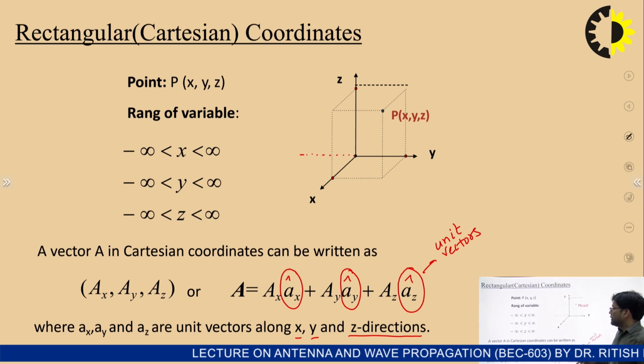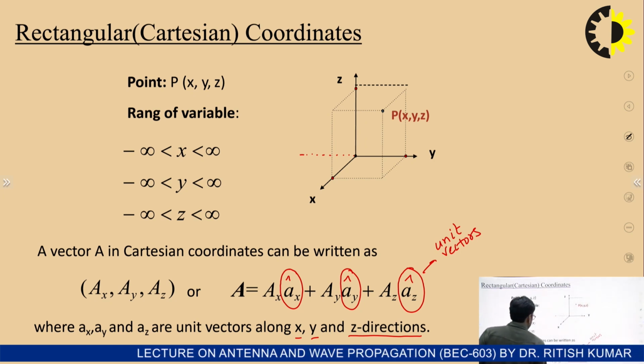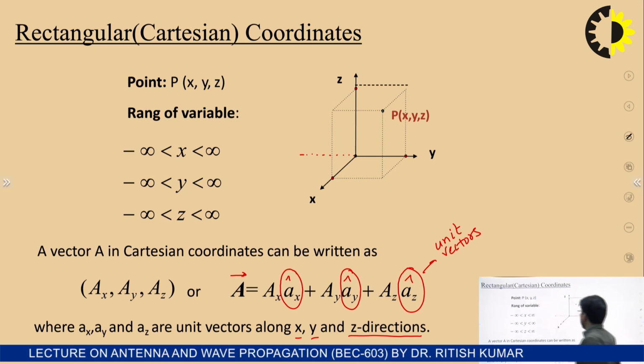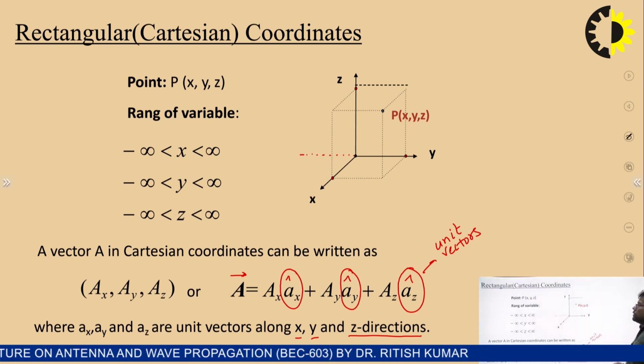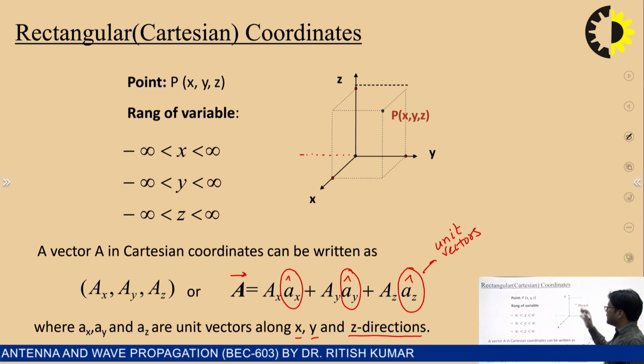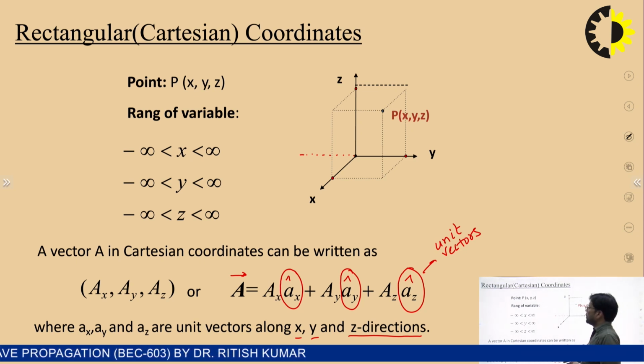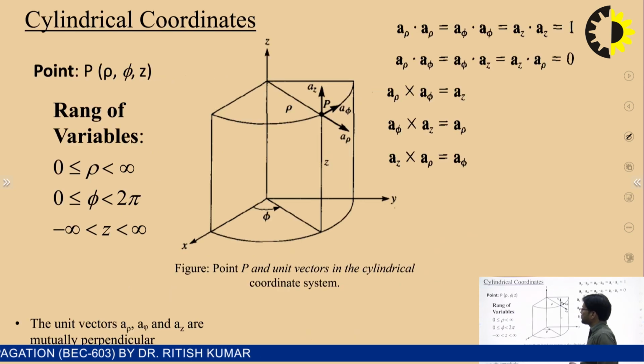So this is the vector representation of A in the Cartesian coordinate system, right? This is the basic terminology that we need to understand the Cartesian coordinate system.